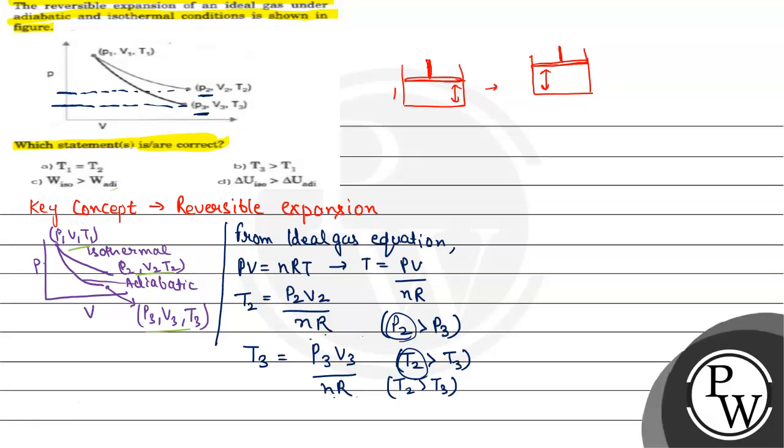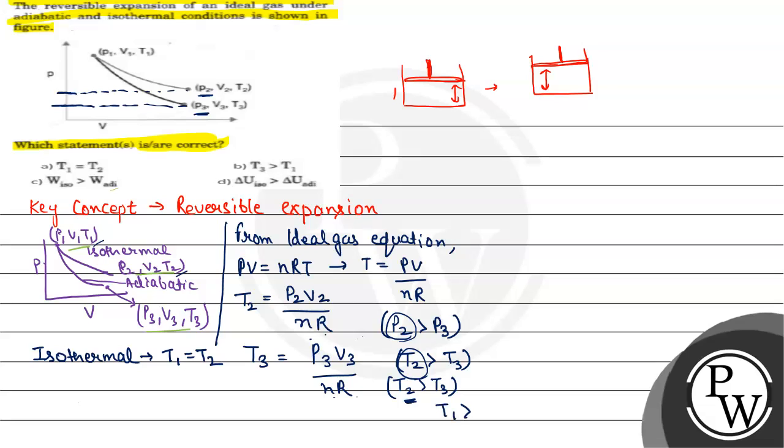And according to the question, T1 and T2 are at the isothermal, and isothermal is a process where temperature remains constant. So T1 is equal to T2, and by this we can replace T2 with T1.